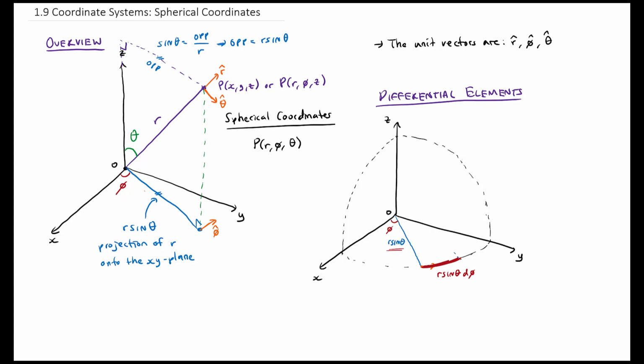So we've changed a tiny step of d phi, and with that, we should be able to tie it back to the top of the sphere, like so. Exactly like this.